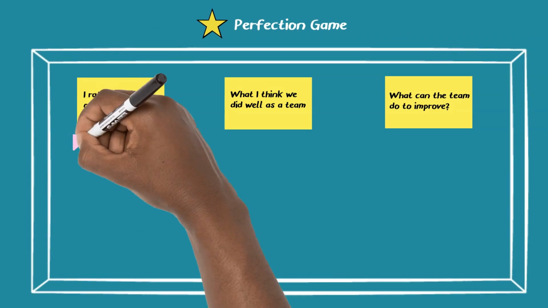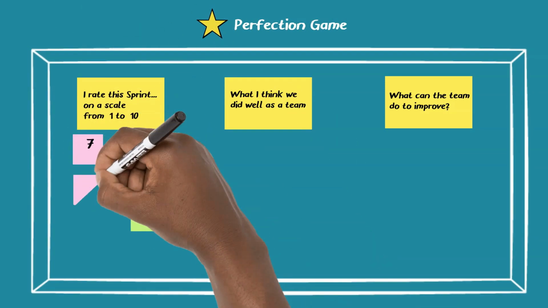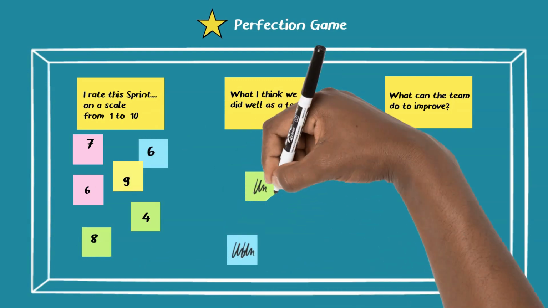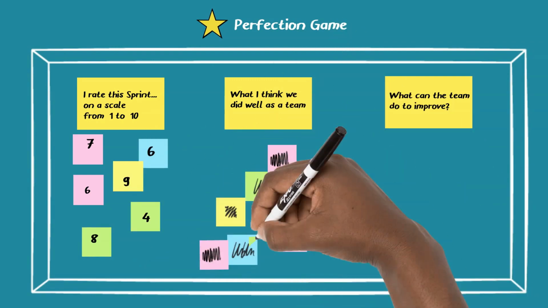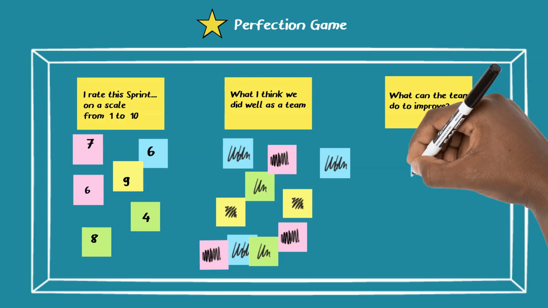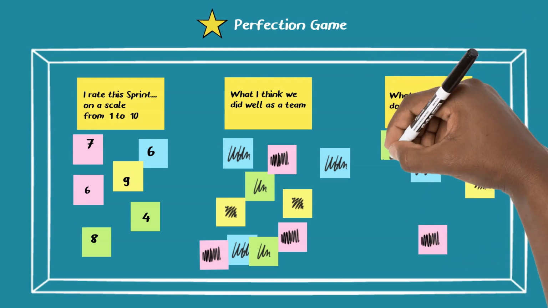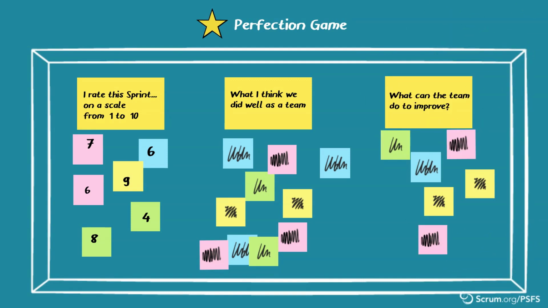The team can decide to individually complete the first 2 areas, discuss them as a group, and then collaboratively identify and add improvement actions in the third area. Or they can decide to first complete all areas individually and then discuss everything together as a group.